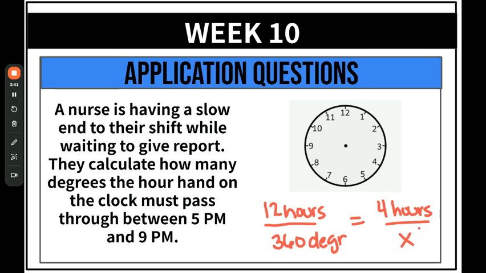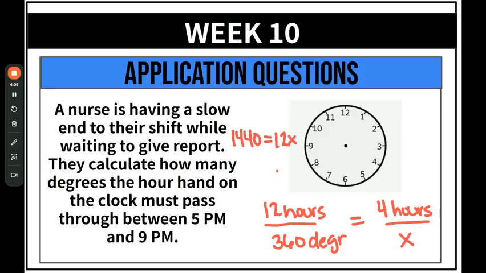Okay, so now let's cross multiply. I've got 360 times 4 gives me 1,440. And then I've got 12 times x gives me 12x.